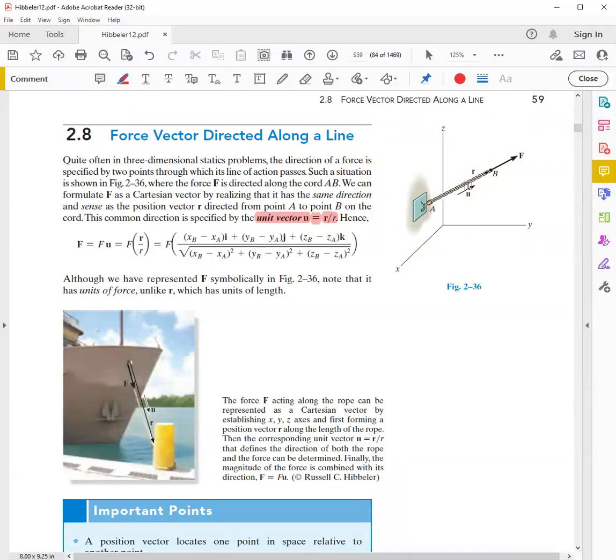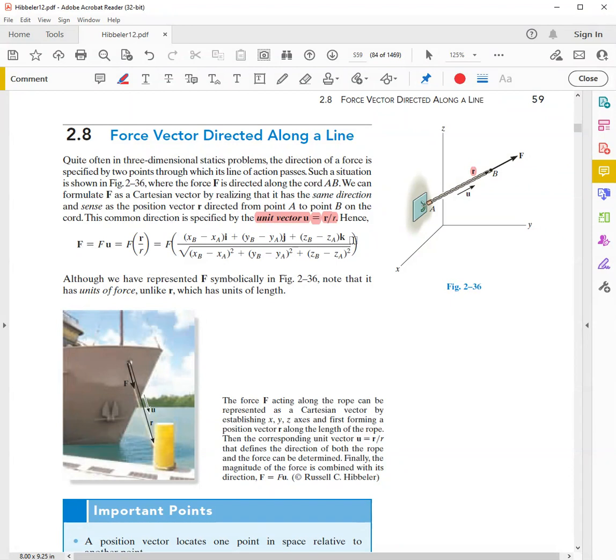We have the vector AB, also labeled as R, and if we divide it by the magnitude, then we get the unit vector associated with the direction from A to B. So we state the vector AB as xB minus xA, head minus tail, over the x, y, and z axes and the unit vectors, and then we divide by the magnitude of the vector AB, which is the denominator.